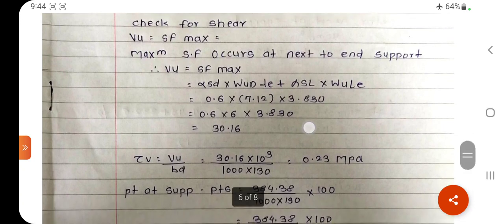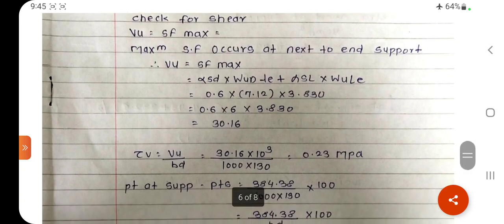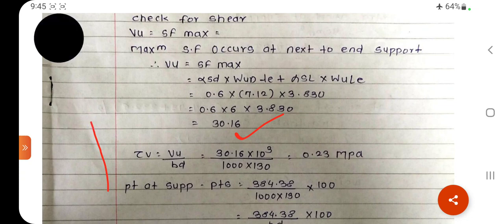Substituting the values and from the coefficients calculated, we have the maximum shear force as 30.16 kilonewton.